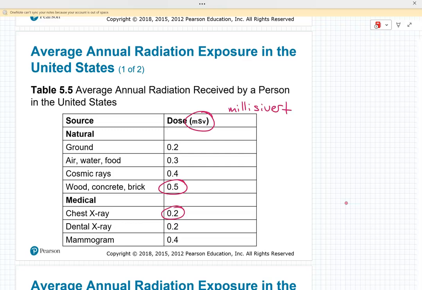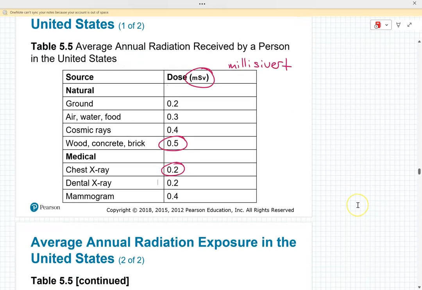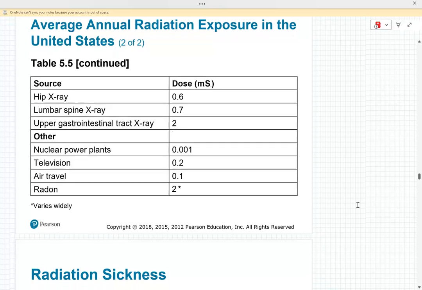So when you get an MRI, it's a different type of radiation. It's a magnetic field. Magnetic field does not have those negative effects on the human body at all. Okay? There you go.